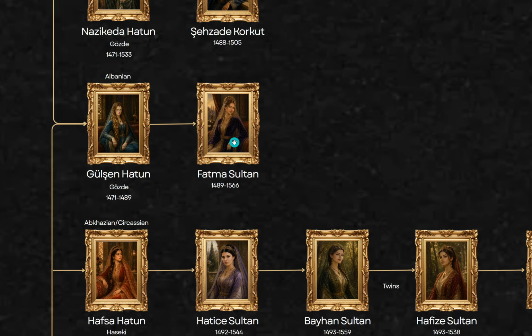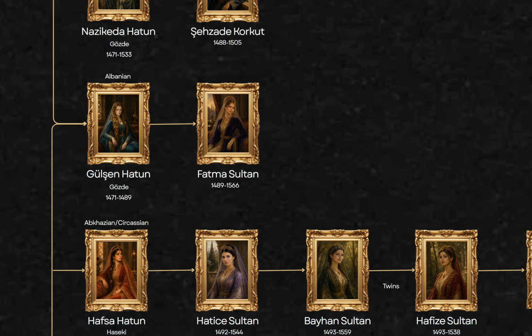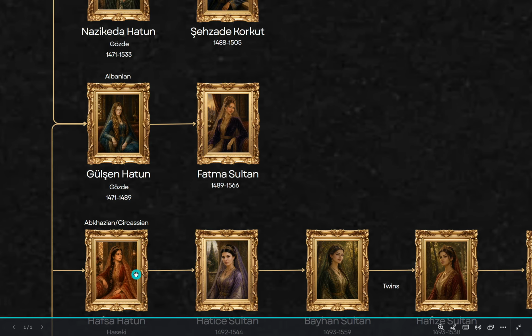Salim's daughter Fatma is often attributed to being Hafsa's daughter. They try to attribute almost all of Salim's children to Hafsa, and this just doesn't make sense at all.